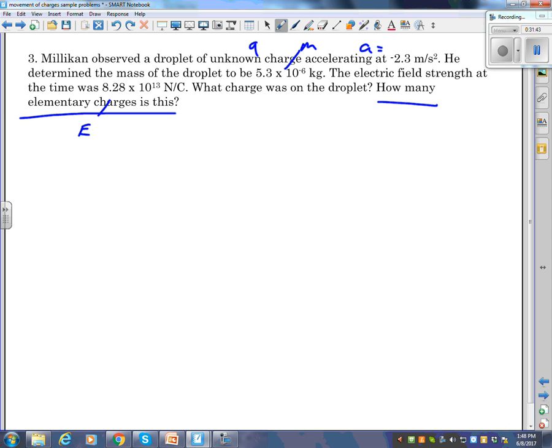In fact, this is exactly what Millikan had to do. He wanted to know how many elementary charges. He was trying to solve for Q. Not only that, it's got to be in elementary charges. So you got to go backwards.